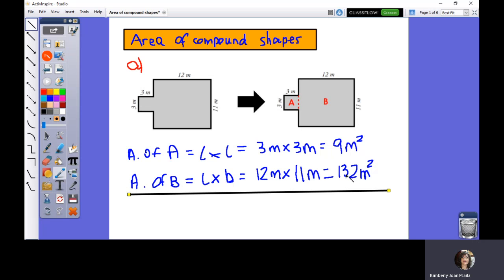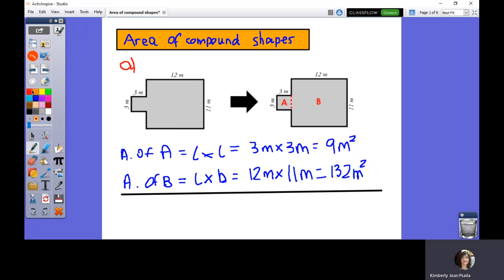So the final answer of the whole shape should be the area of A plus the area of B. So now we have to add both areas. Area of compound shape is equal to 132 plus the 9.